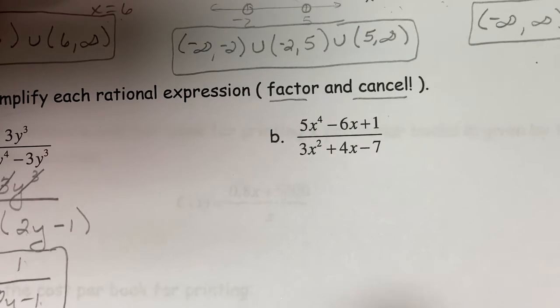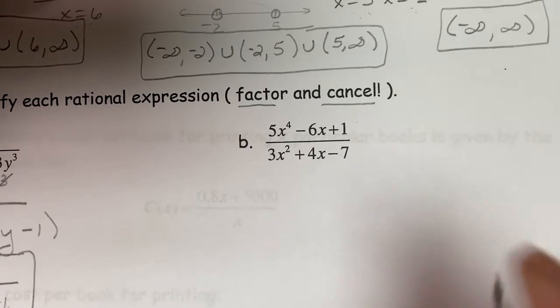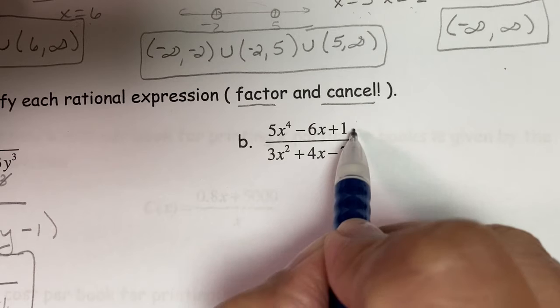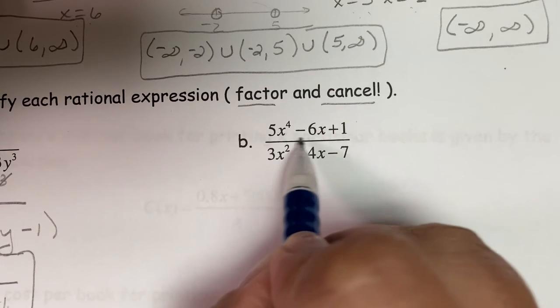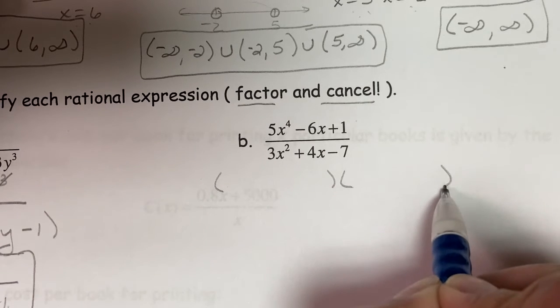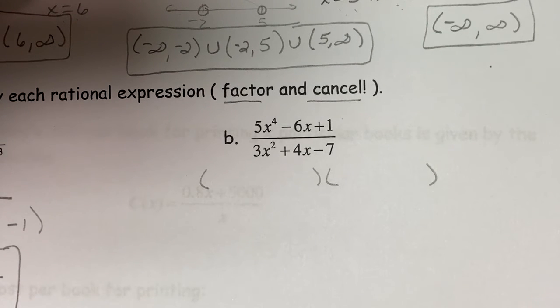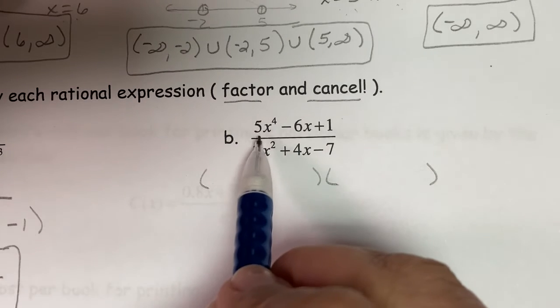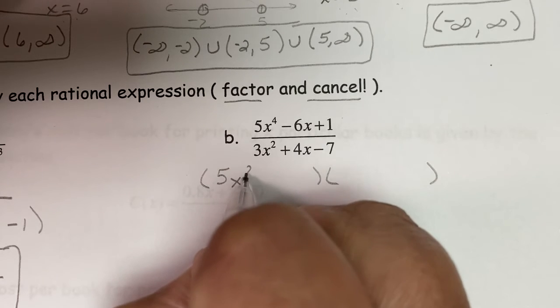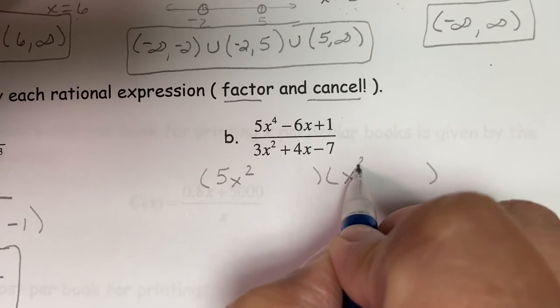So let's go over here and let's do this one. So again, now if we factor both the numerator and the denominator, if I look at the numerator, there's no greatest common factor, so I'm simply going to, because it's a trinomial, put down my two sets of parentheses, and I'm going to use guess and check. So let's see, 5x to the 4th, that can split up into 5x squared and 1x squared.